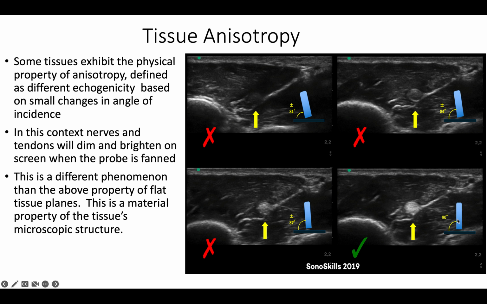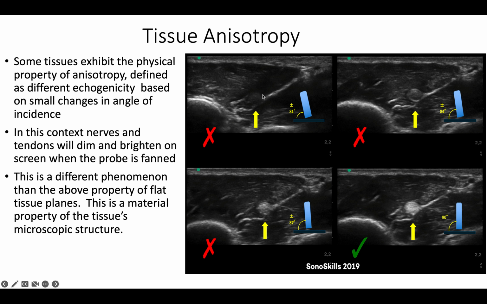So really not a big deal. From 81 to 90, we have a huge difference in echogenicity of our nerve. We go from highly hyperechoic, nice and bright, to almost invisible. So it's almost a now-you-see-me, now-you-don't phenomenon.